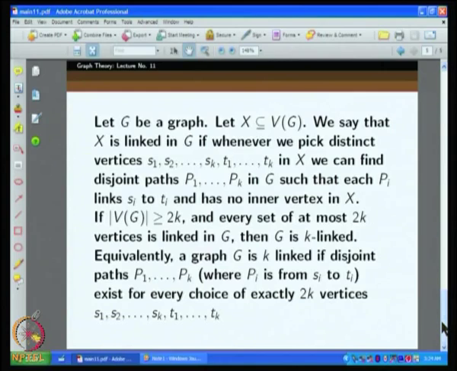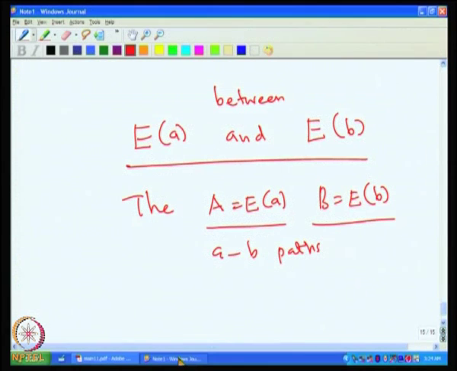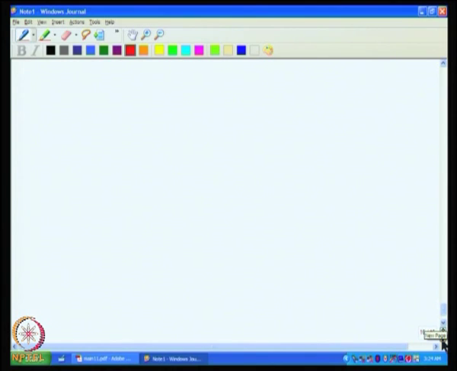Equivalently, a graph G is k linked if disjoint paths P1 to Pk, where Pi goes from Si to Ti, exist for every choice of exactly 2k vertices. So, these are all equivalent notions. Let us try to explain this. The final version is much easier to understand.